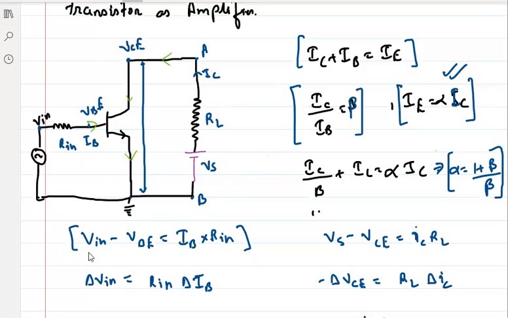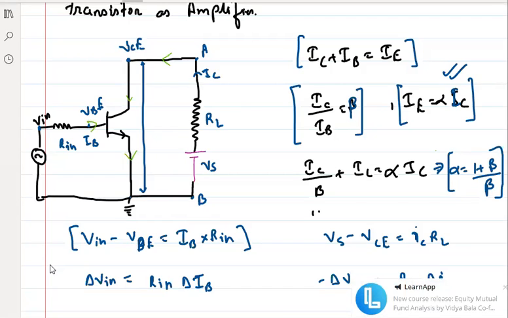Now, out of VIN and VBE, which is constant? No, VIN we are giving. VIN is changing. When we talk about the characteristic, VBE is constant, because it is the potential barrier of this PN junction.